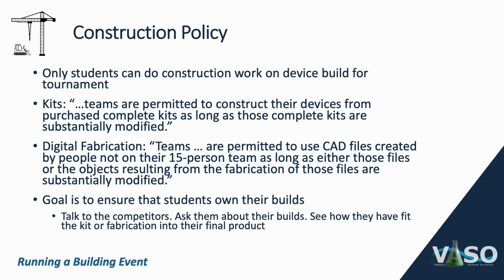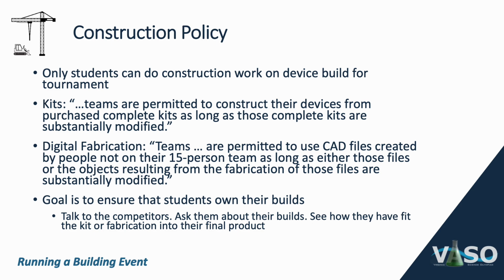All right, so we've seen the statement substantially modified twice. What we mean by that is a modification that without it, the device would operate differently or would not operate. So a substantial modification is not painting something a color, right? But it could be replacing a part of it.